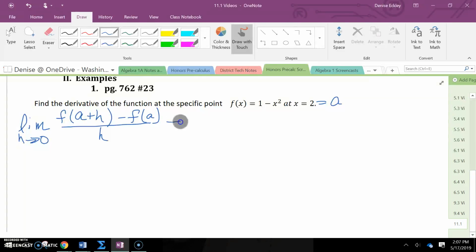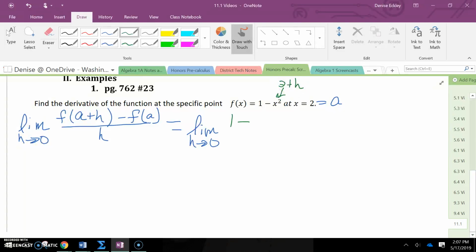So substituting in for a, and in our case 2, we're going to get the limit as h approaches 0. So in our function for the first part, we're going to be writing 1 minus and replacing x with 2 plus h.